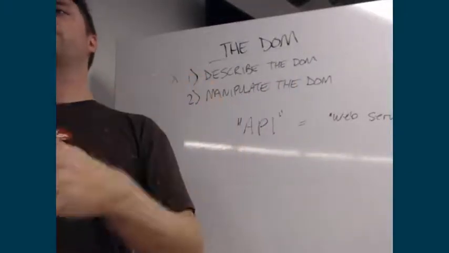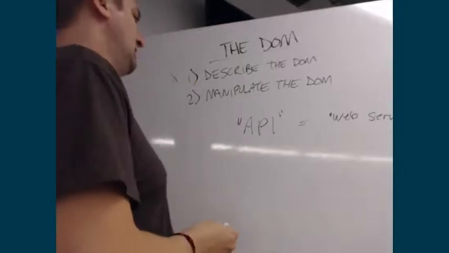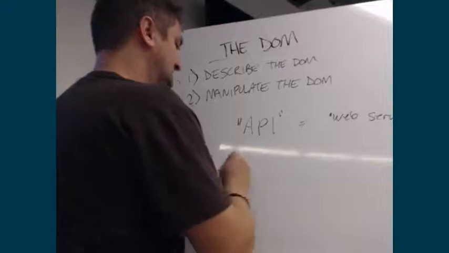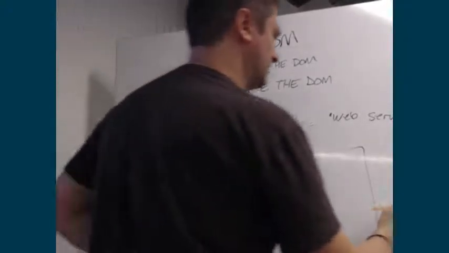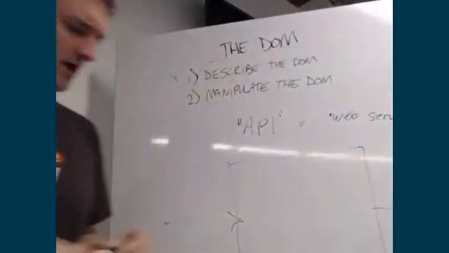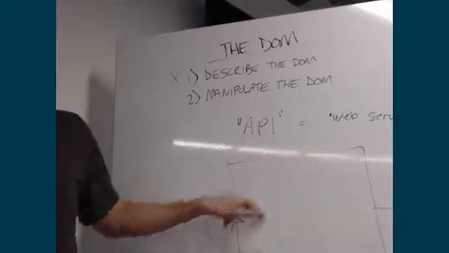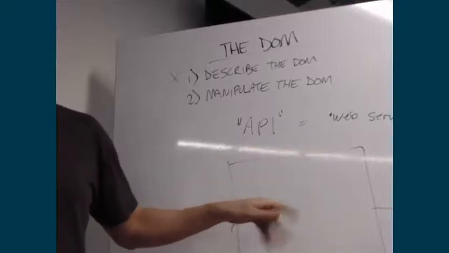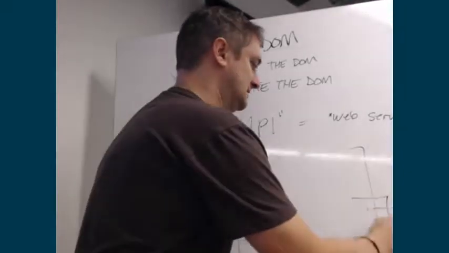More generally, if you think back to when we first started talking about programming, input, output, whatever the application is, the API is this and this.